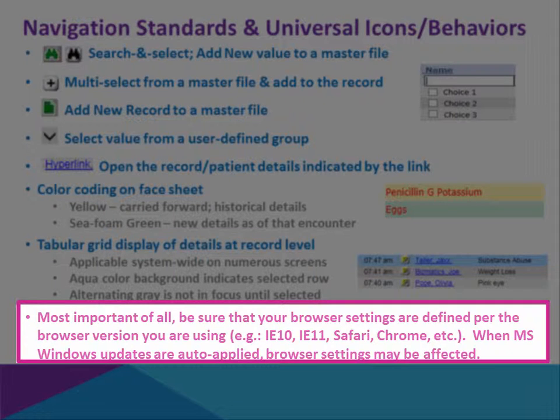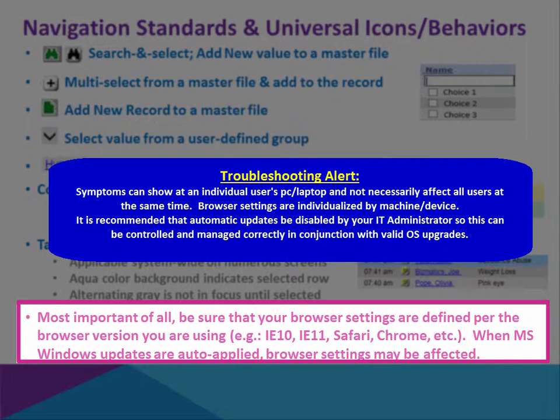Whatever browser you are utilizing to navigate the internet, there are specific settings that allow prognosis to operate correctly. Sometimes, based upon your internal IT infrastructure, if you have automatic updates enabled, these can affect your browser settings. And again, browser settings are individualized, so it may not impact every user in your practice at the same time.